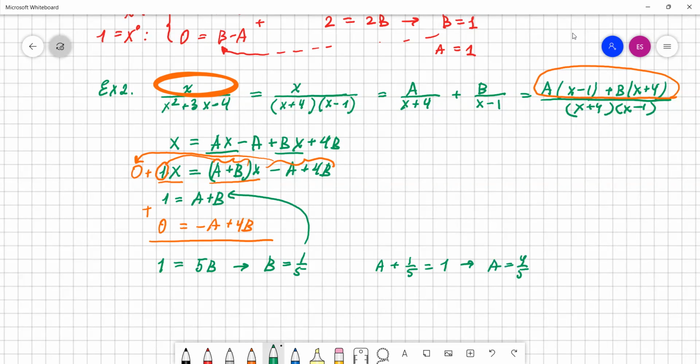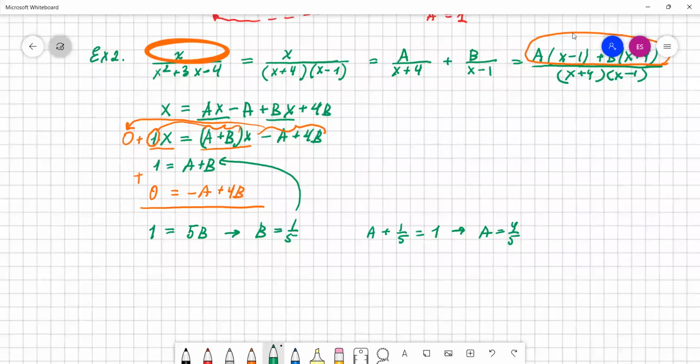So what does it mean, guys? I'm going to write down my final results. That fraction x squared plus 3x minus 4 is going to be decomposed into 4 over 5, it was 5 actually. Why did I say 3? That's 5.